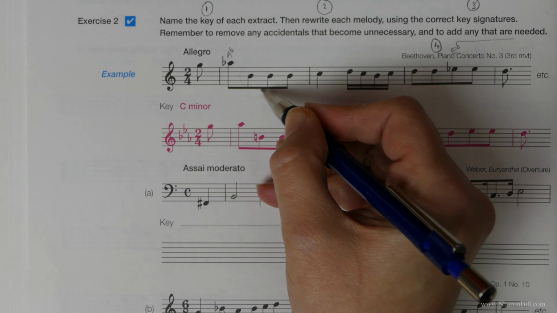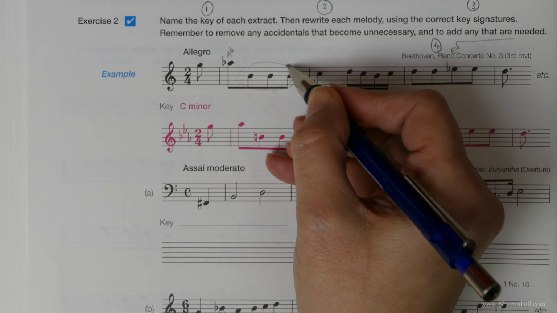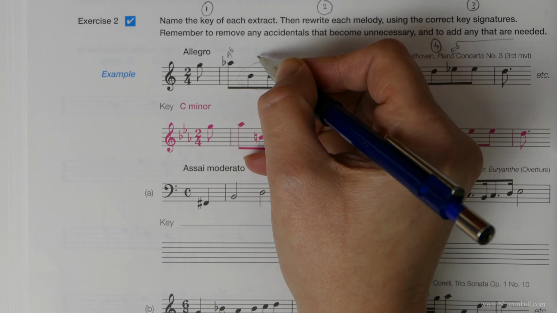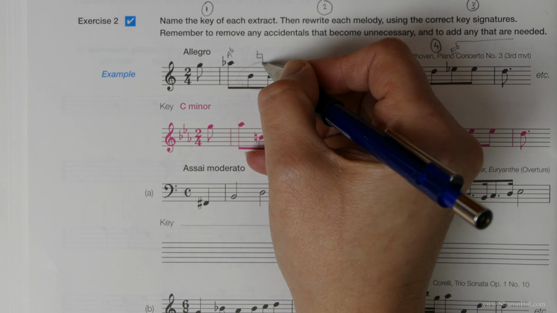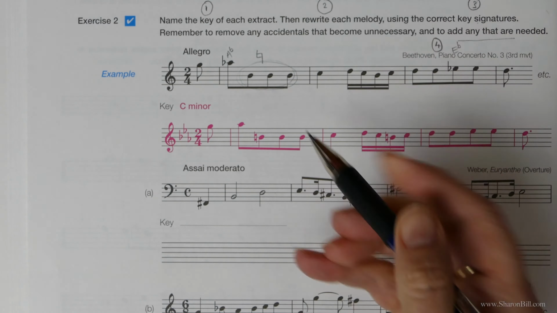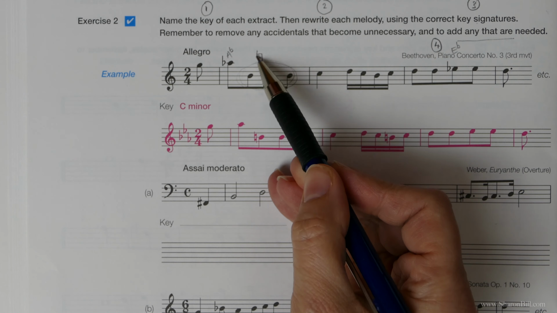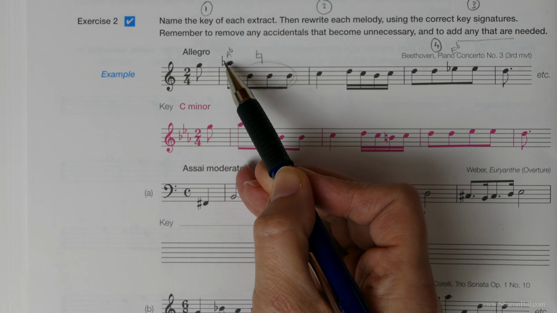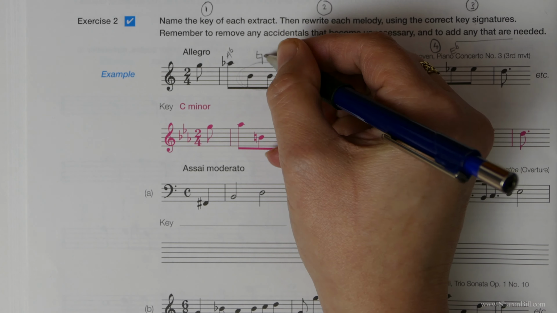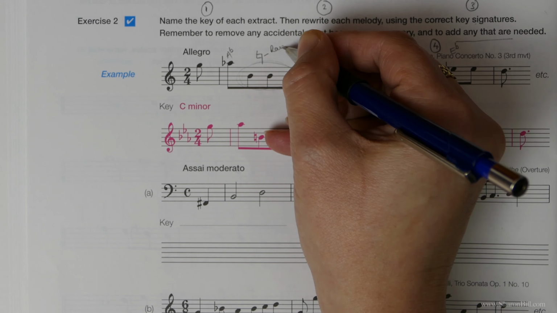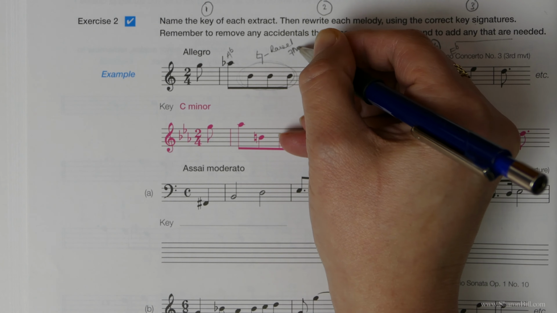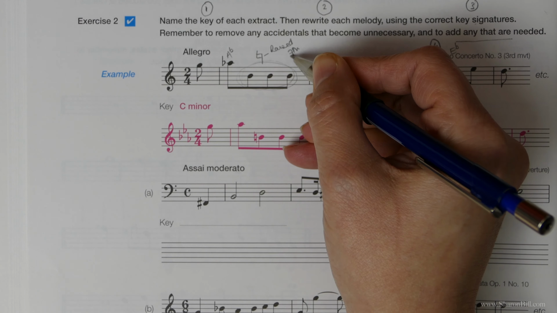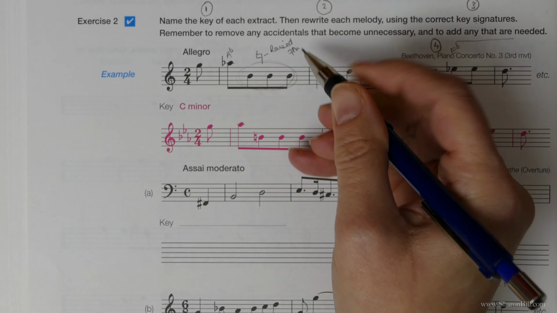However, here we've got some B's that are not flattened, and so that implies that they've been cancelled out by a natural. And when you've got a natural cancelling out part of your key signature, it can only be that it's the raised 7th. So the B flat has been raised, and that would be because it's the raised 7th.